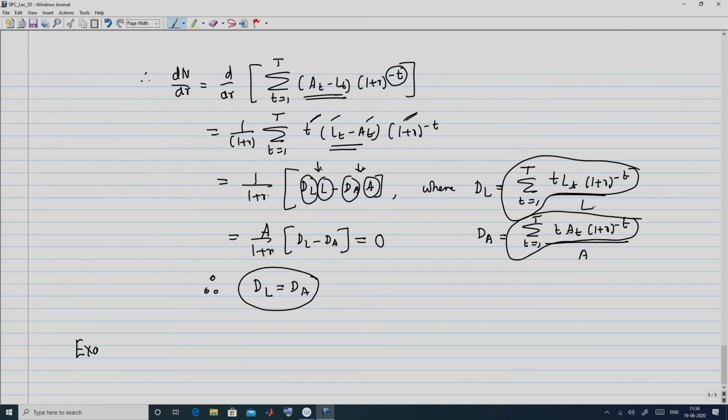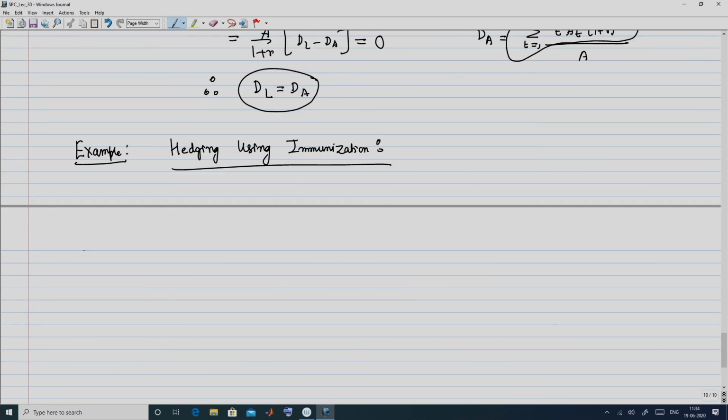Okay, so next we look at another example, the last example, and this is on hedging using immunization. So, here let us have the problem set up.